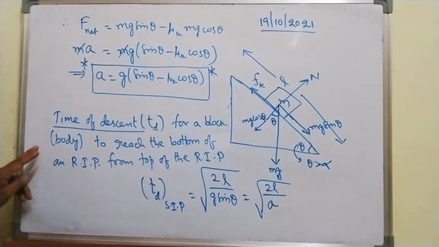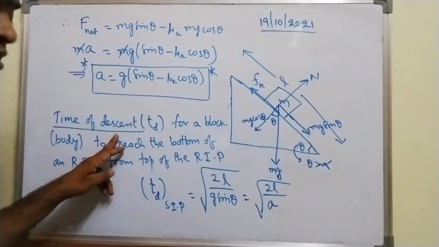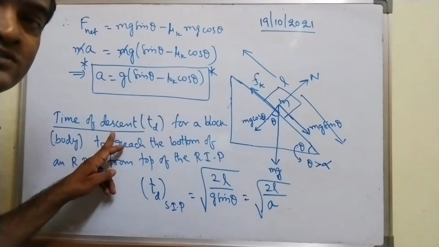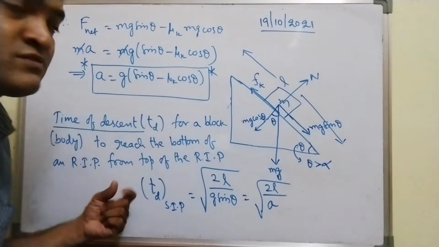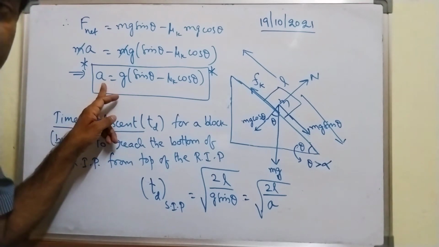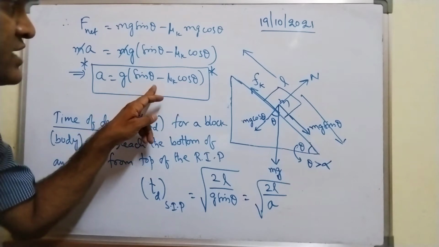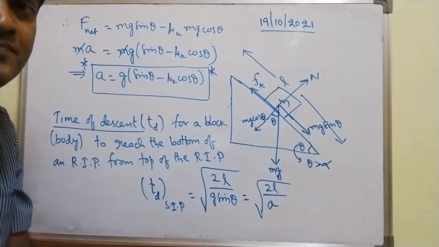This time I am going to write the formula for the time of descent in the case of a rough inclined plane. What is the formula for net acceleration on a rough inclined plane? Net acceleration is g into sin theta minus mu k cos theta.